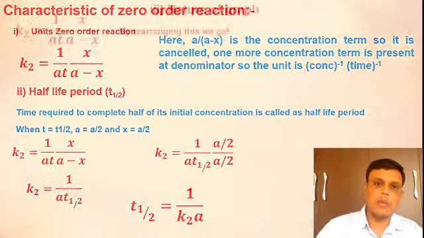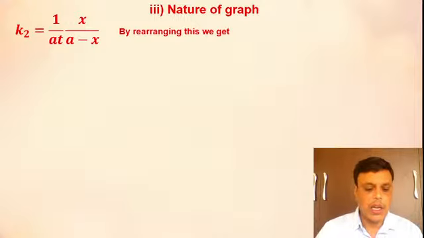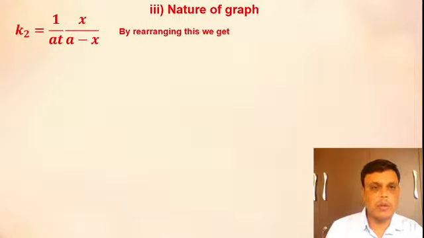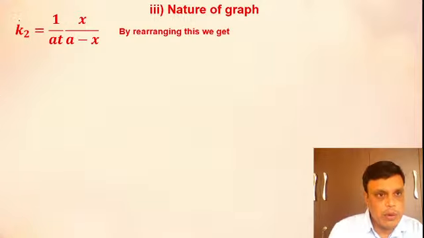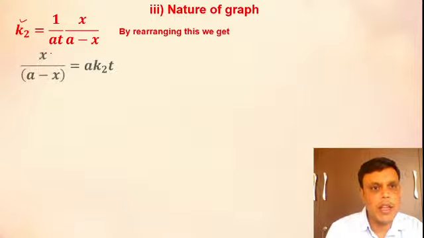Then the third property we will see is the nature of the graph. We have this equation K2 is equal to 1 divided by a t into x divided by a minus x, which is the integrated rate law equation for second order reaction that you know very well, and we will rearrange it. So by rearranging, what will we get?